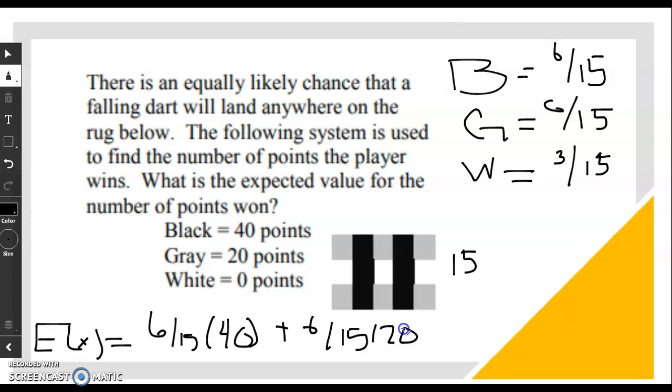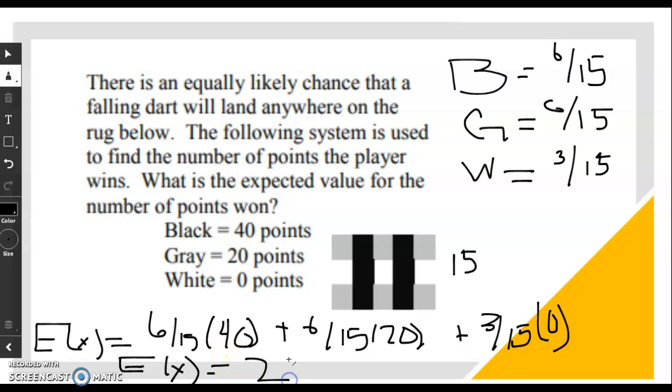Really, I don't have to write the white because it's 0, but for the sake of just writing it so we can see what it looks like, I'll write it down. So we have 3 out of 15 times 0. And when I multiply and add everything up, the expected value that I get would be 24. So the expected amount of points that I would get would be 24 points.